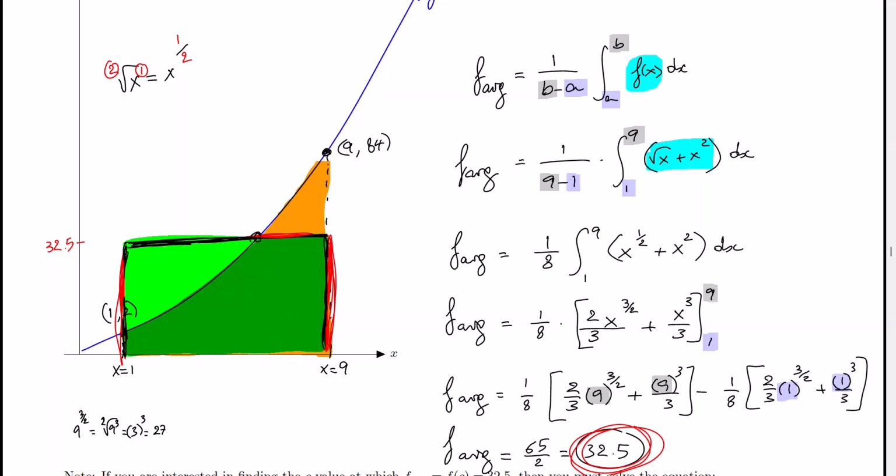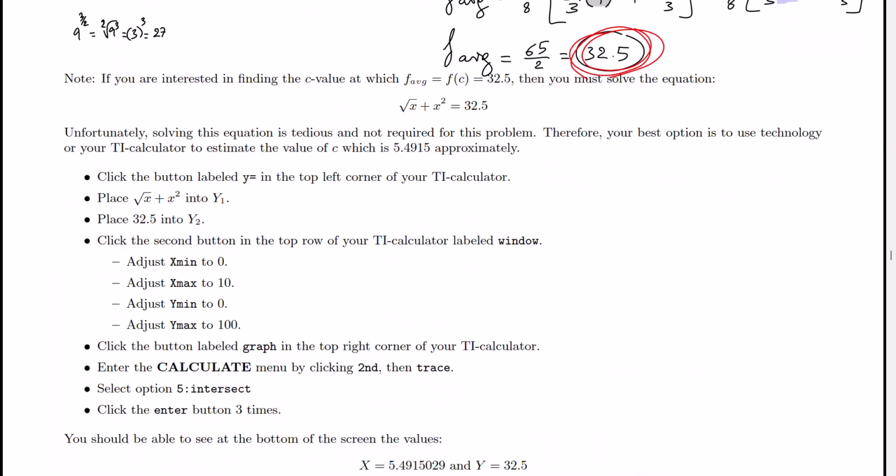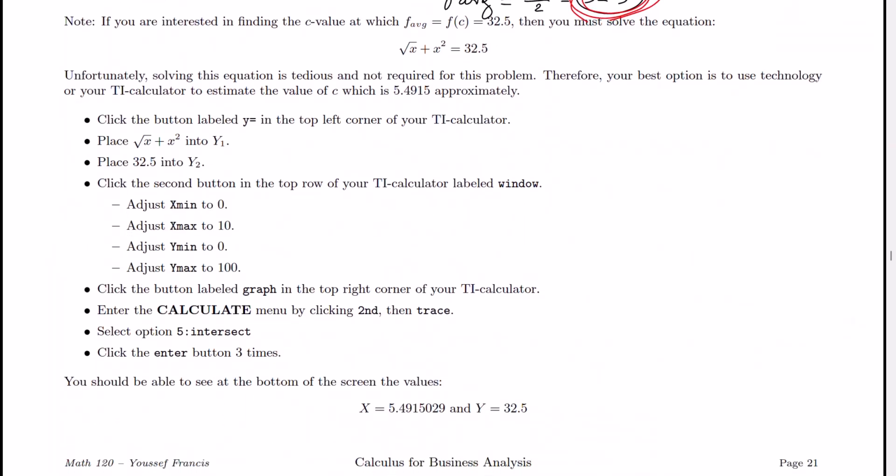Now, as you can see, the rectangle crosses my curve, and if you want to know what the x value is where this crossing occurs, I have some information about that below in the little paragraph, and you can see that the x-coordinate where that happens is around 5.49. So let me show you what this whole paragraph is saying by going to the calculator and seeing how to plug everything in and what you're doing, basically.